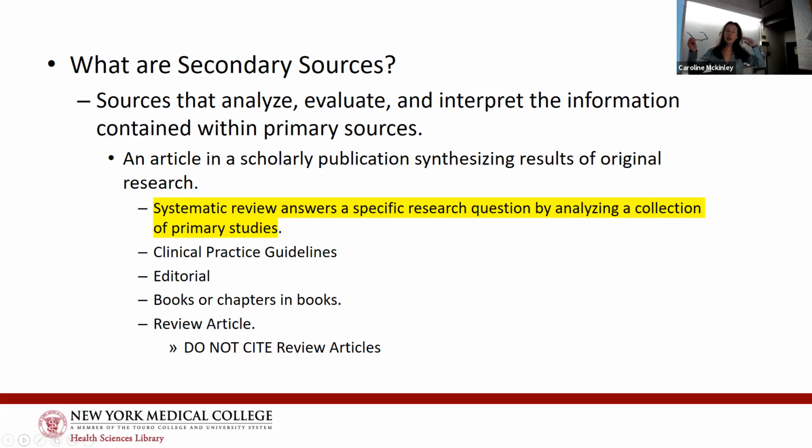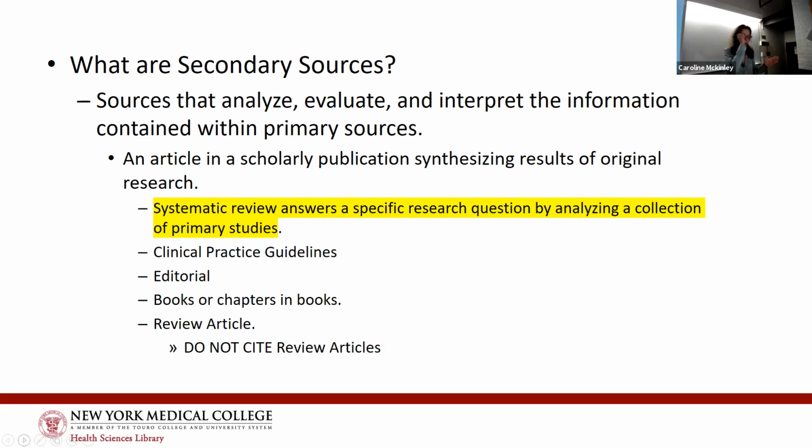You can use a review article as background or foundational information, especially in the early stages. If you're looking for a topic, you might want to read several review articles to get the lay of the land and take a look at the sources they used. But you're not going to be citing reviews. You're going to be mostly citing primary sources, and that applies whether you're doing a lit review or an actual thesis.